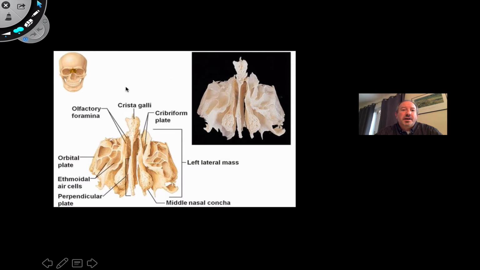But you can look at a bone of the skull. A very important bone of the skull is this ethmoid bone. And this particular bone, found right up here at the top of the nose, has this crista galli. This is a point of attachment for the brain. It has this cribriform plate. And what's fascinating here about the anatomy is that it has all these little holes right here.